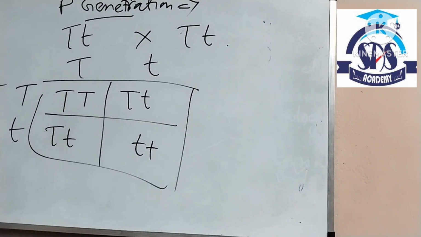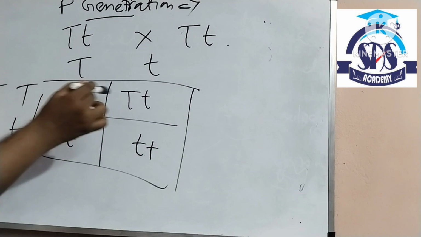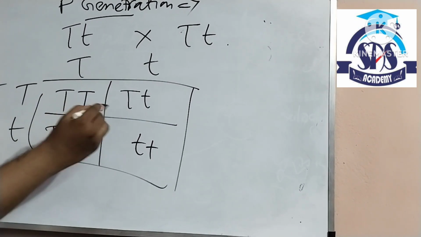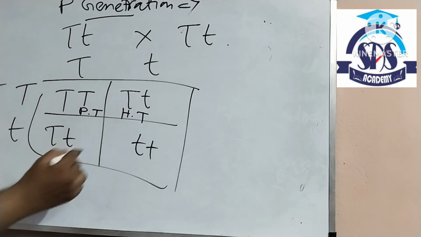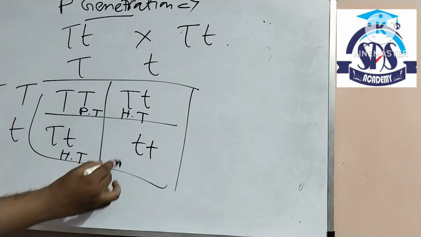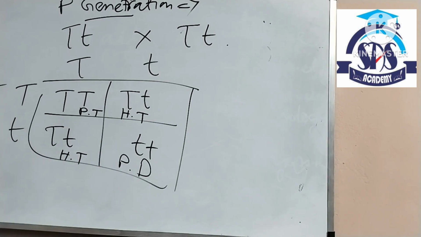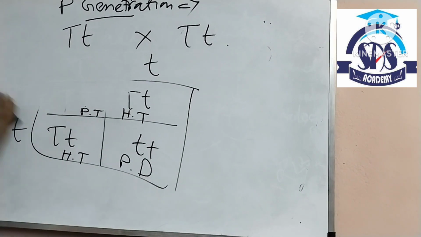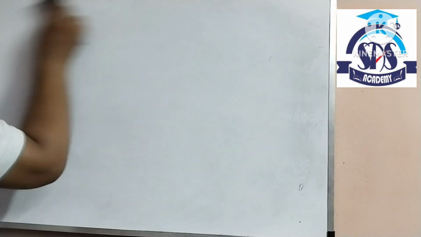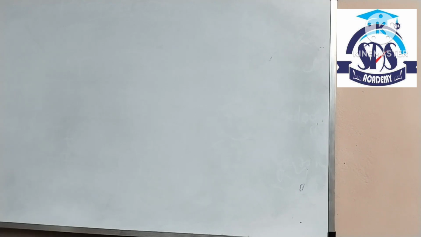Ultimately, this is the pure tall plant, this is the hybrid tall, this is the hybrid tall, and this is the pure dwarf plant. In this regard, a very important thing is what the phenotypic and genotypic ratio of this monohybrid cross is.